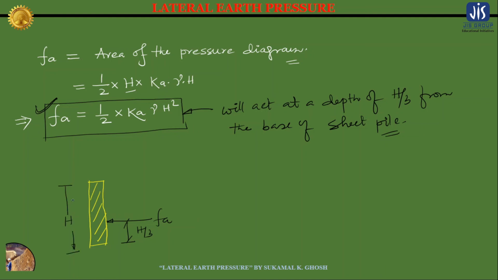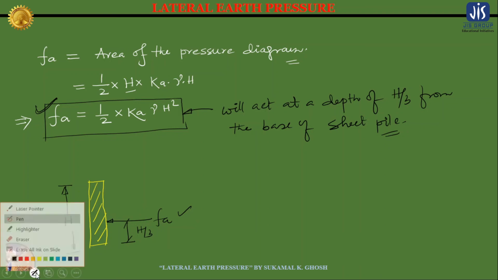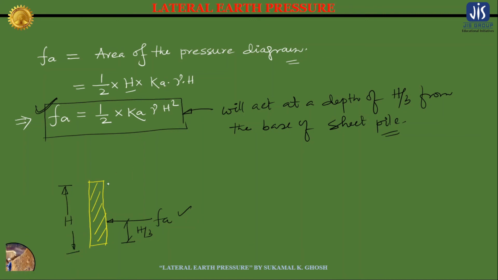Okay, now since this Fa is acting at h by 3 depth from the base, it will create an overturning moment, right? It will try to overturn this particular sheet pile. Okay, in this manner, and the value of this overturning moment, that is MO, the overturning moment, will be Fa into h by 3.